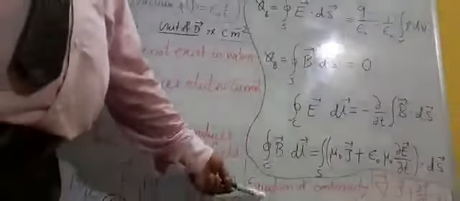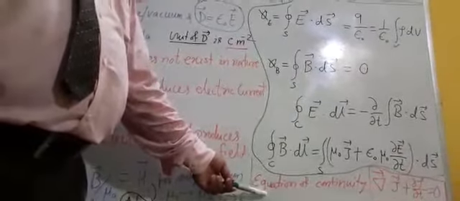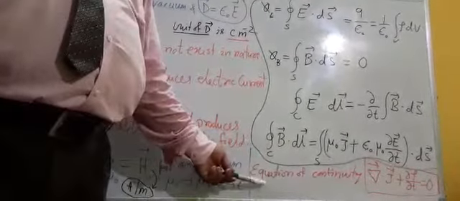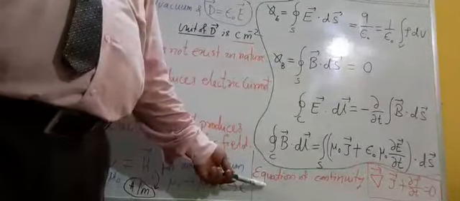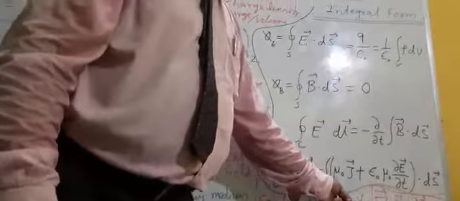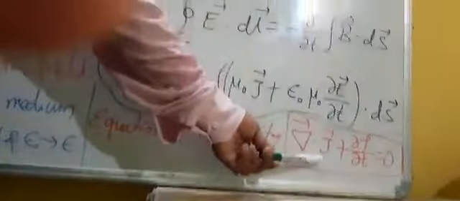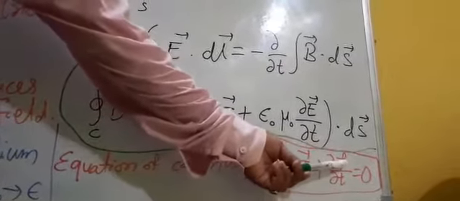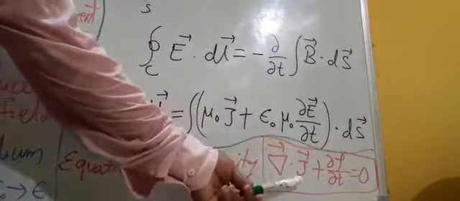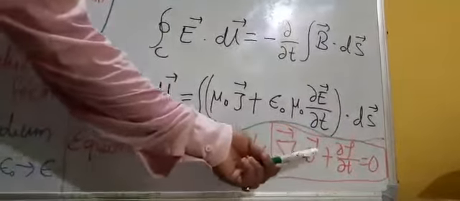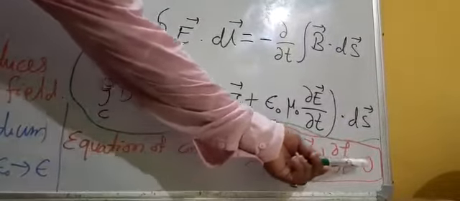And another equation in your unit 3 is called the equation of continuity. It gives the information about the conservation of charge, and the mathematical expression is divergence of J, the current density, plus del rho by del t, where rho is the charge density, is equal to 0.